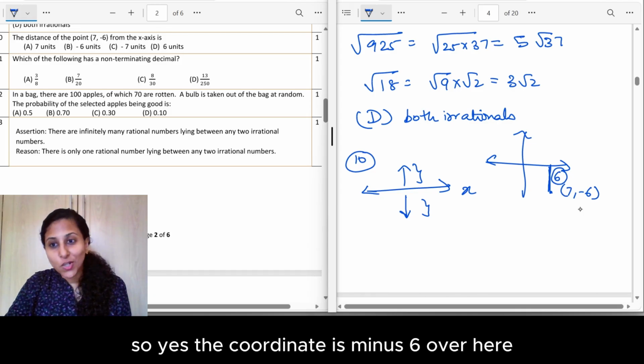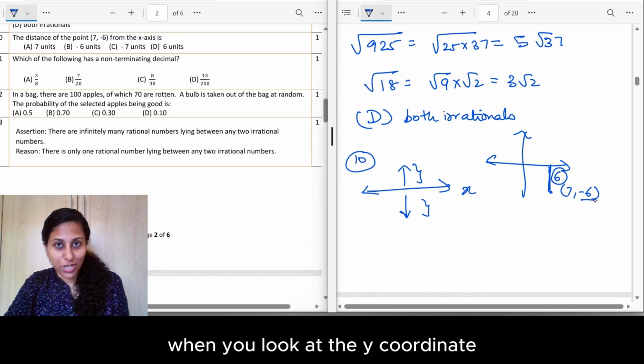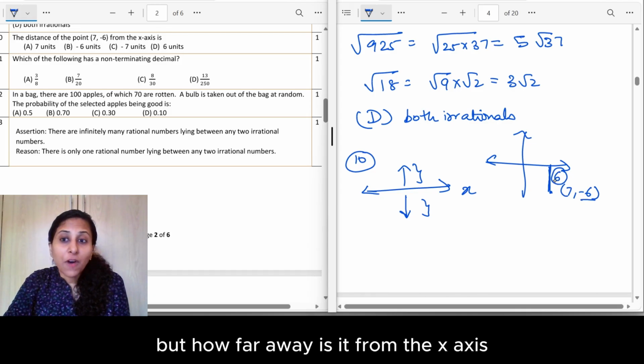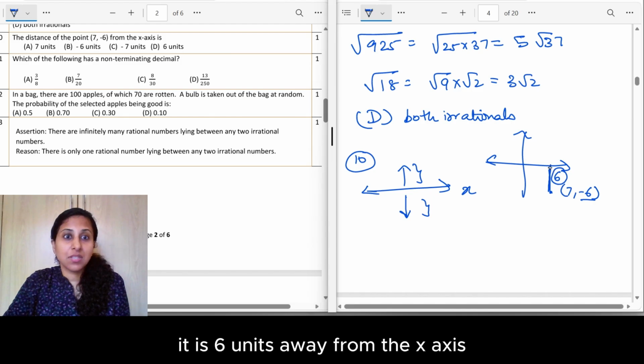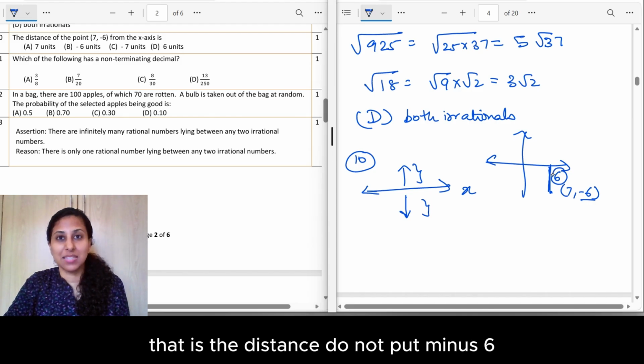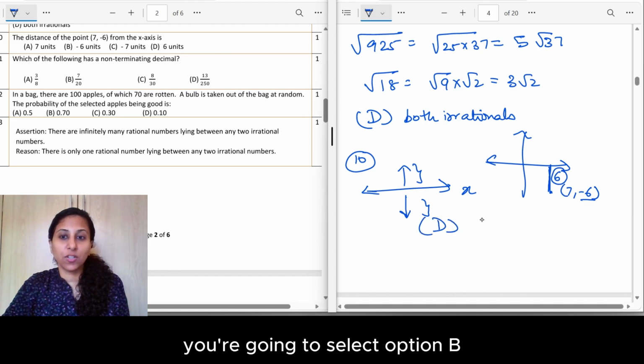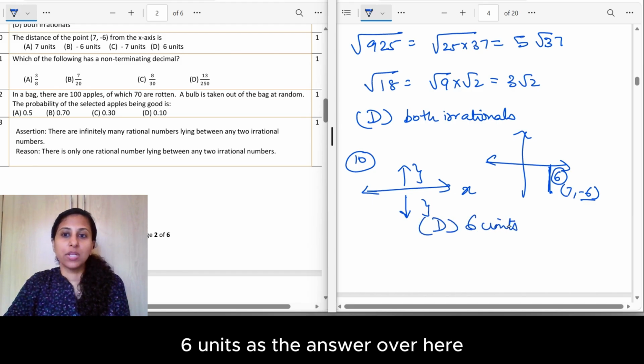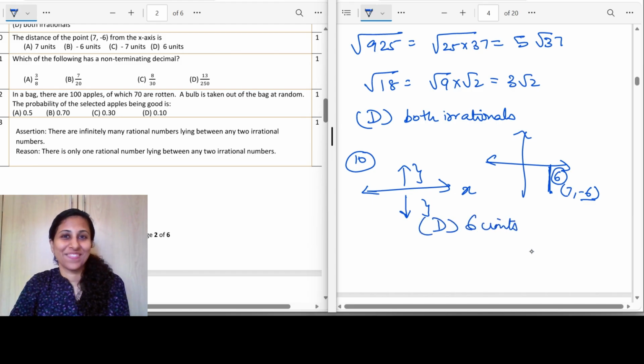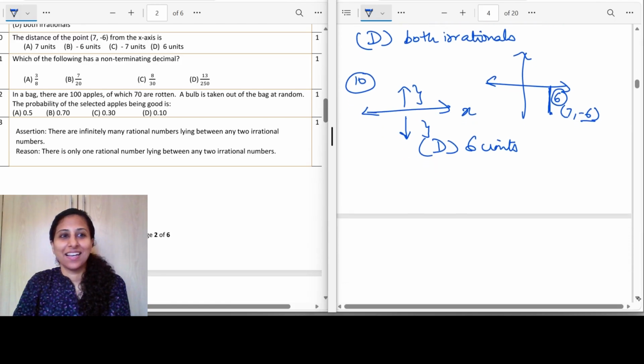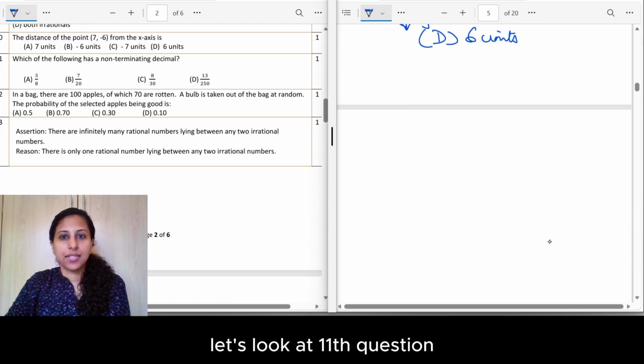So, yes, the coordinate is minus 6 over here when you look at the y-coordinate. But how far away is it from the x-axis? It is 6 units away from the x-axis. That is the distance. Do not put minus 6. You're going to select option D, 6 units as the answer over here. Let's look at 11th question.